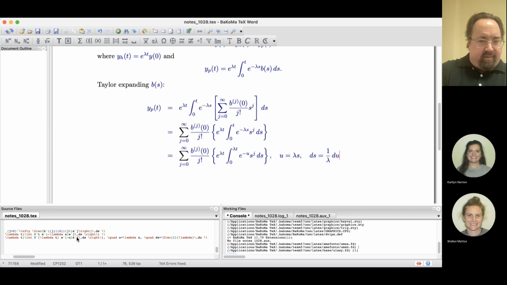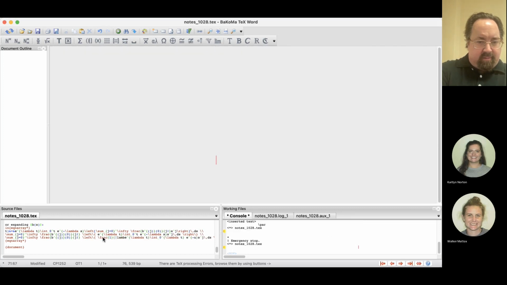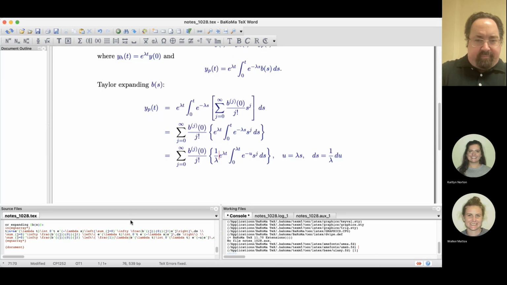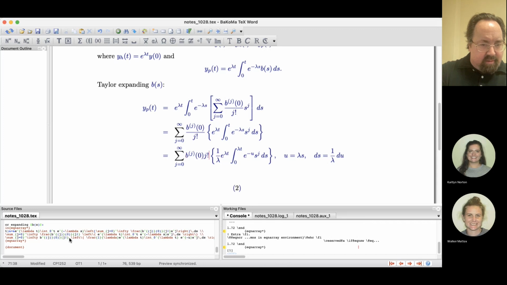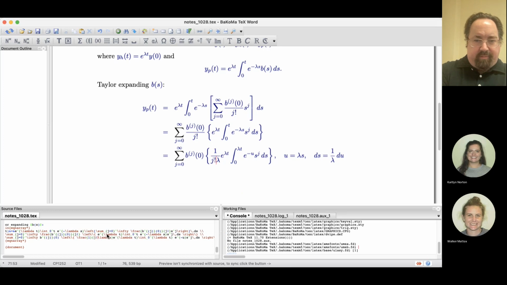Okay, so now I'm going to have a factor of 1 over lambda out here. Actually, I'm going to take the j factorial and move it into the braces. So everything in the braces is what I really want to work with. Okay.